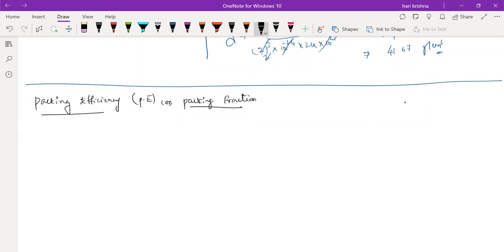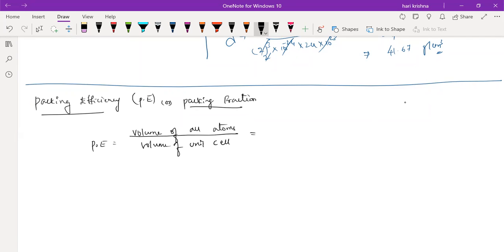Generally, we have one simple formula: volume occupied by all the atoms to the volume of the cube. Volume occupied by all the atoms to the volume of unit cell. Okay.